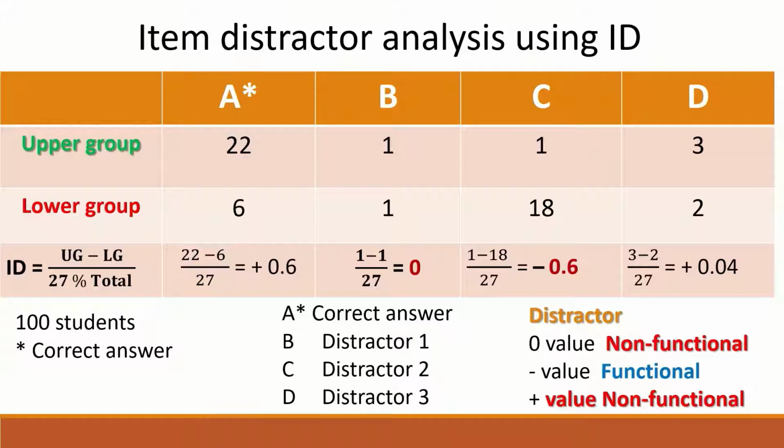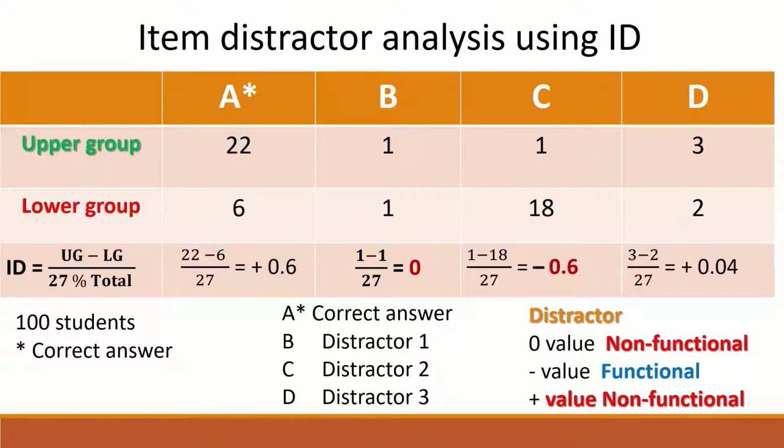For distractors B, C and D, as we see here, the ID value is equal to 0 for distractor B, which means that both the high performing and low performing students selected this distractor in equal proportion. Thus it is ineffective, non-functional.